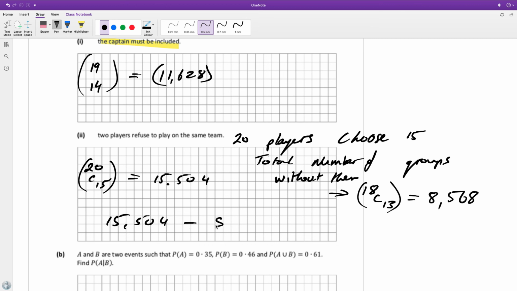Then the groups without them is 8,568, so 15,504 minus 8,568 is 6,936. Is that okay?